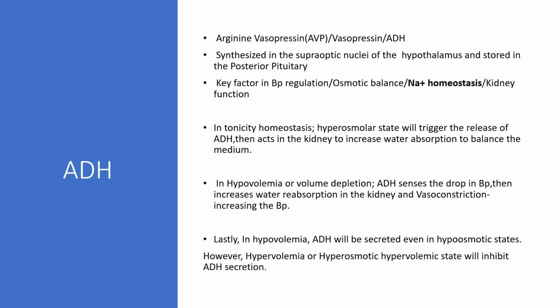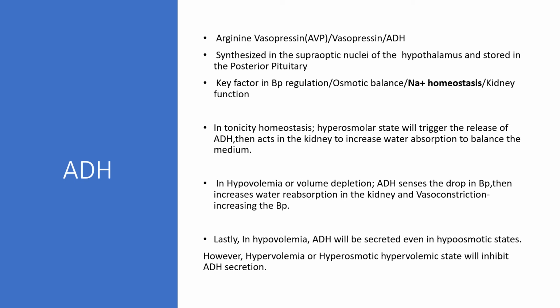We'll be mentioning ADH in the course of this presentation. Therefore, I'll briefly go over what ADH is all about so that we'll have an idea by the time I'll be repeating the name ADH all through. ADH is also known as arginine vasopressin, vasopressin, or antidiuretic hormone.